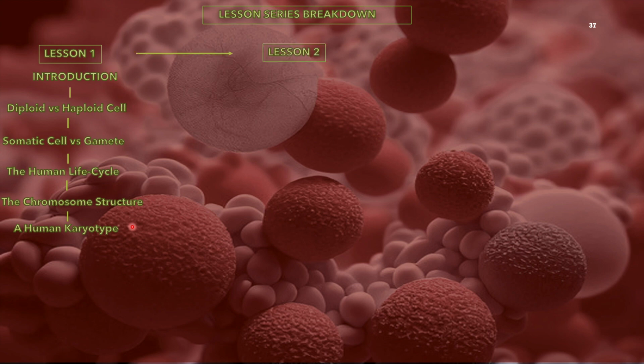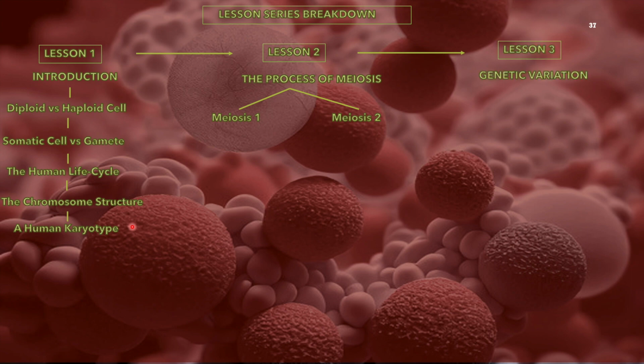Today, it's lesson 2. We will be looking at the process of meiosis 1 and meiosis 2. In the next lesson, lesson 3, in a separate video, we will be looking at genetic variation, how meiosis contributes towards genetic variation. It does that in 2 ways.